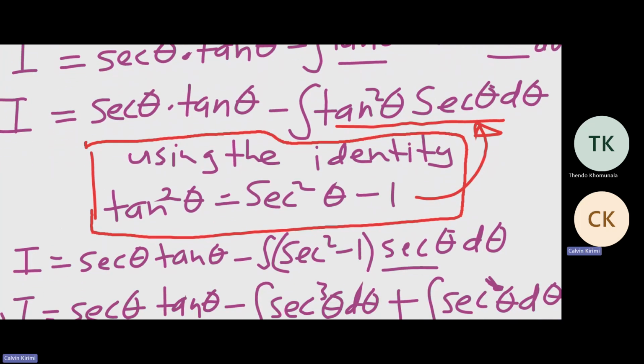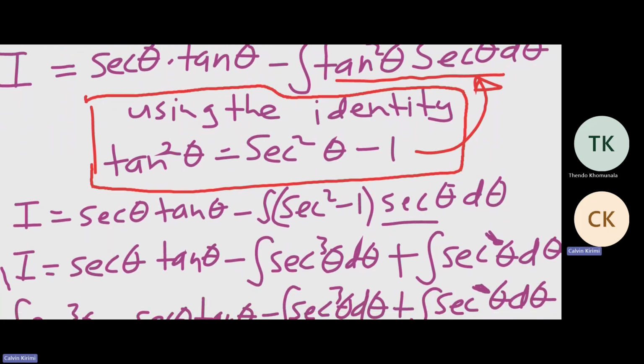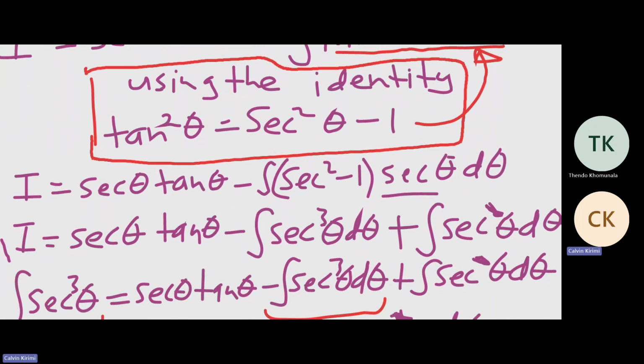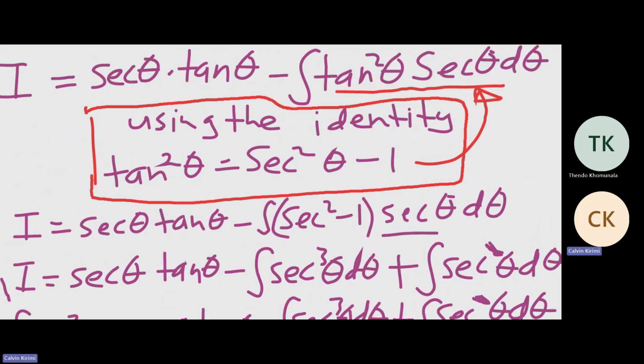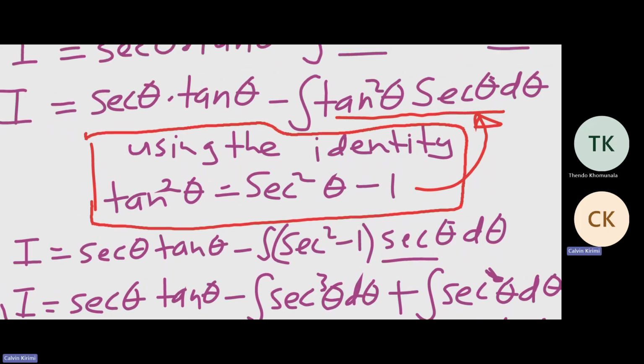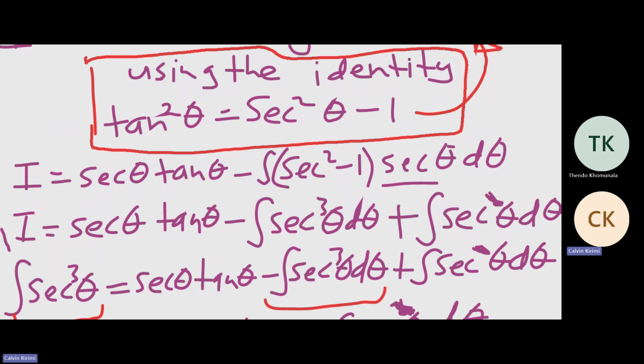Once we separated the terms using the identity so that it's possible for us to integrate, our I is now secant theta tan theta minus the integral of, where there is tan squared theta, we replace it by secant squared theta minus 1, multiplied by secant theta, which is outside the bracket.